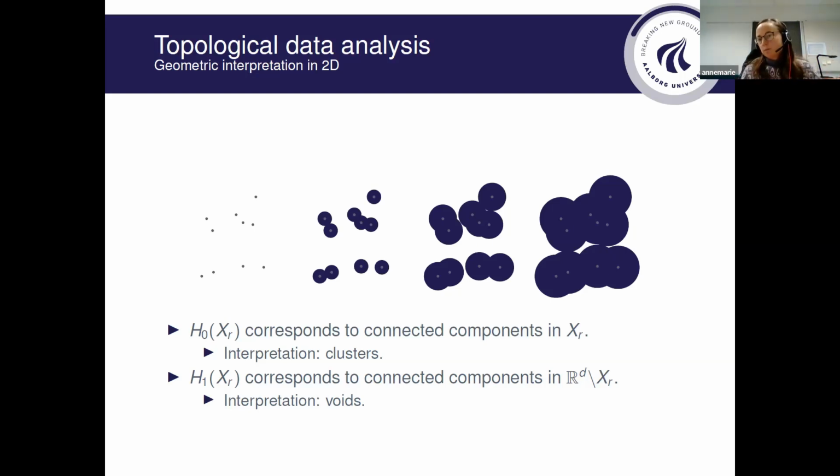That also gives us some relevant information about the point patterns. Then in higher dimensions, you also have the homology groups in between H0 and H_{d-1}, and the interpretation of them for point patterns is more difficult, but they still capture some information about the point pattern, so they're still worth looking at.